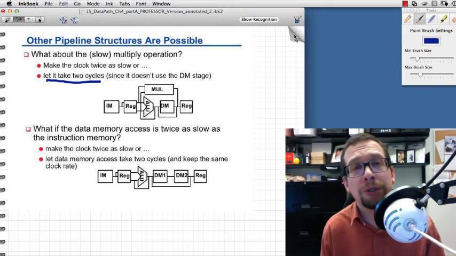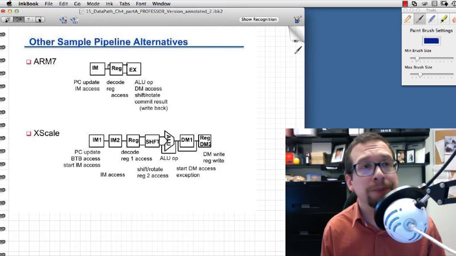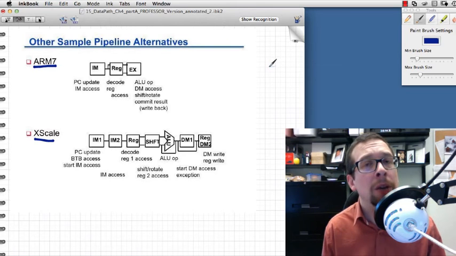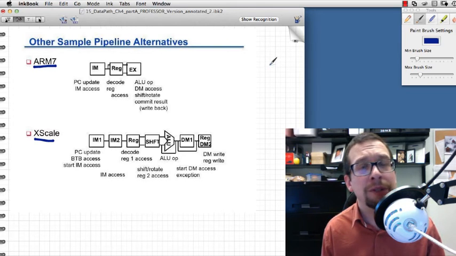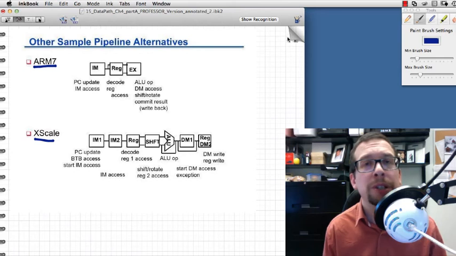Those are workarounds if you need them. There are also other architectures besides MIPS, like the ARM7 and the XScale and others, that have different pipeline alternatives. But basically, the method you've seen with MIPS is pretty straightforward and standard.